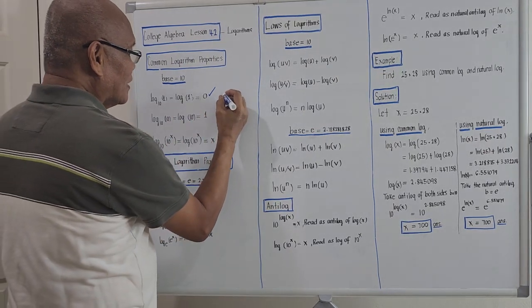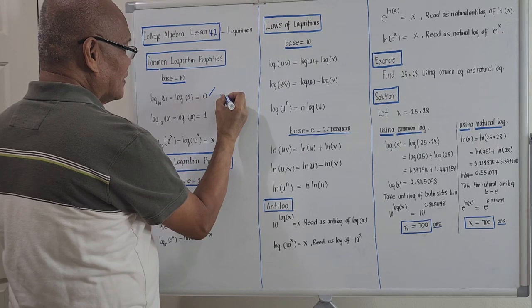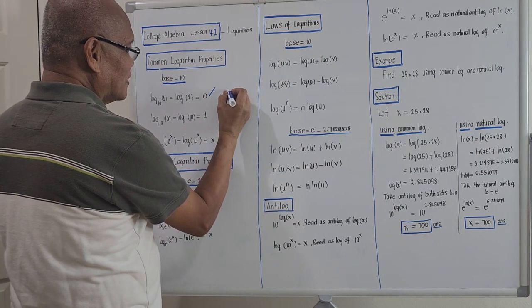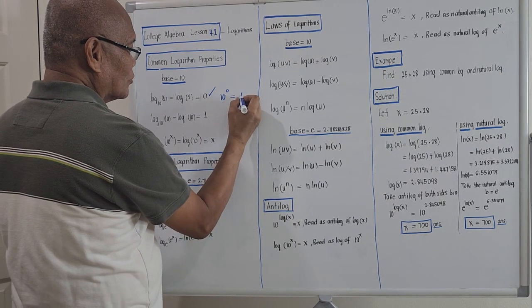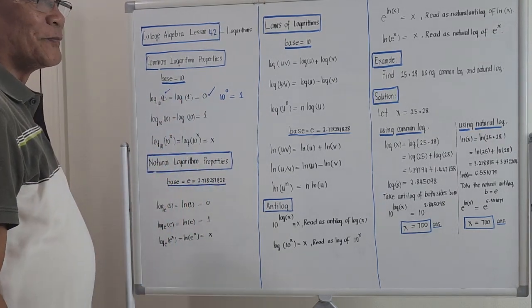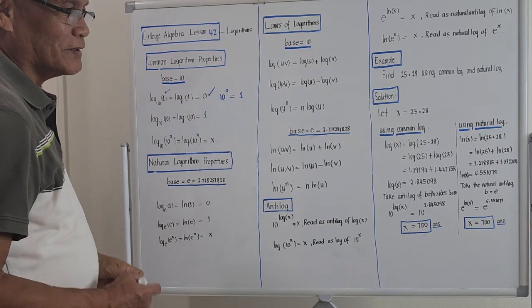Because if we take the base of the logarithm and raise that to the value 0, what will come out should be equal to 1. I got this because 10 to the 0 is equal to 1.